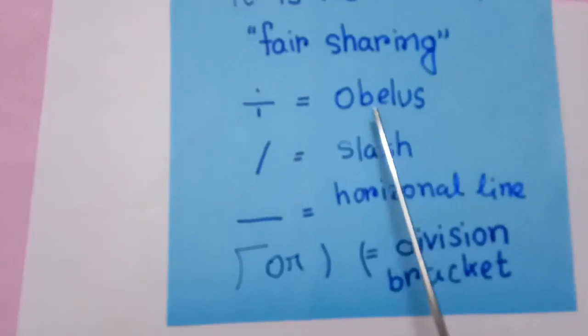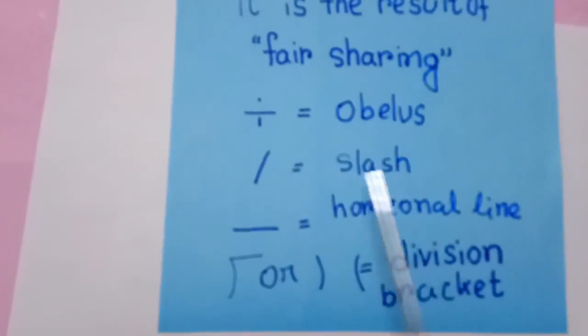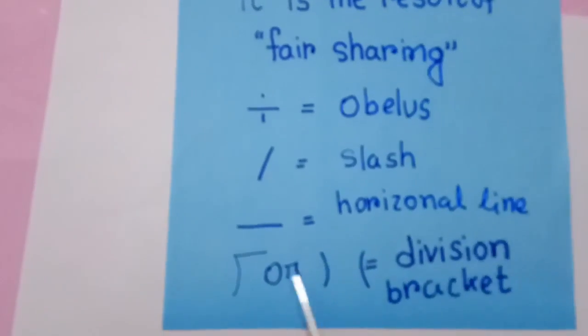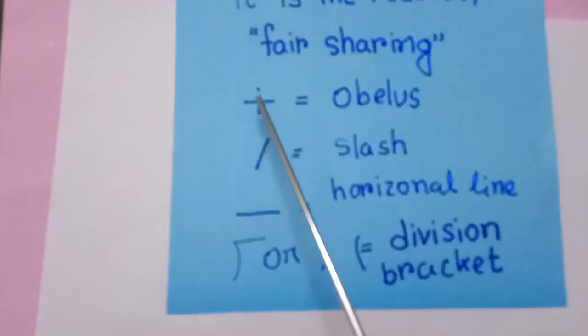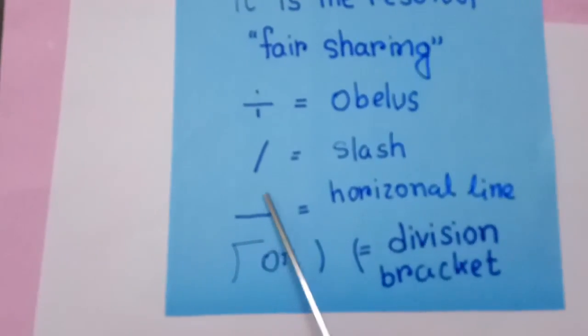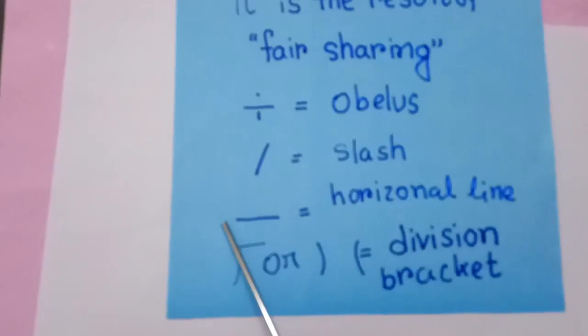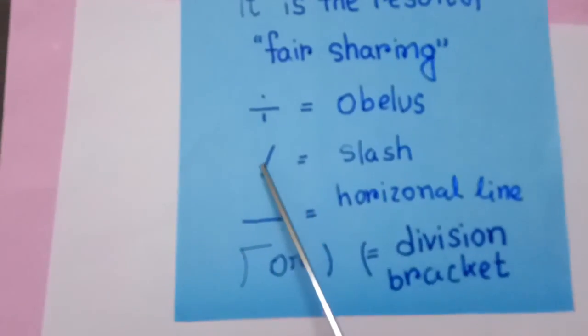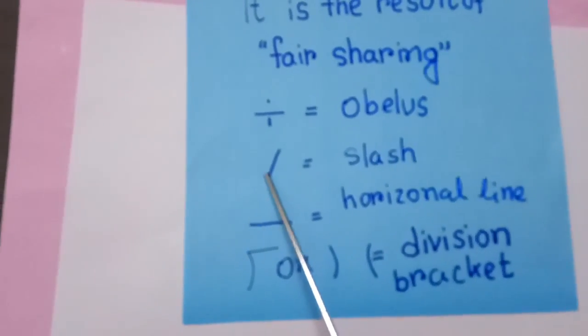It has a particular name: obelus, and slash, horizontal line and division bracket. We will generally use the obelus and the division bracket, and when we learn about fractions we will use this sign, and we will use the slash in higher classes.